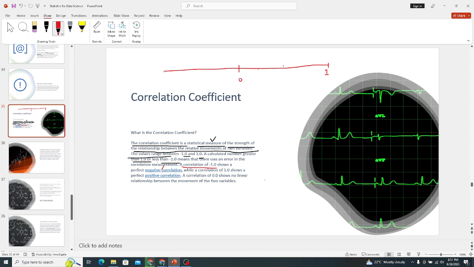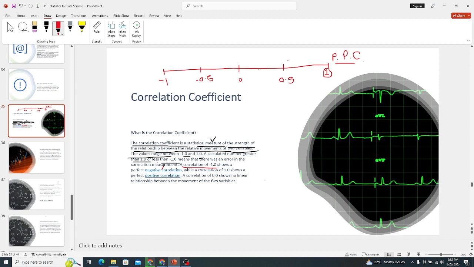Here we have 0.5, here we have -0.5, and here we have -1. Any value which is 1 is known as a perfect positive correlation. Whenever we get a correlation of 1, it means we have a perfect positive correlation.